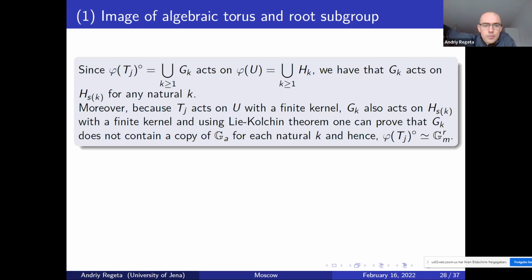And then the kernel would be infinite, which is not possible by construction. So therefore, we have that phi of T_yacht naught is actually an algebraic torus.